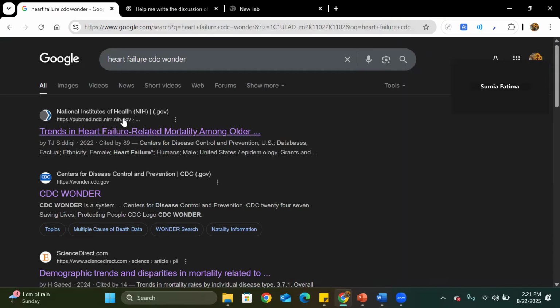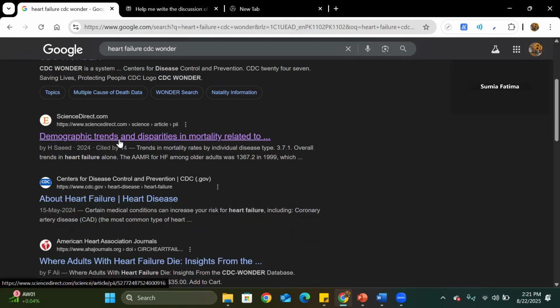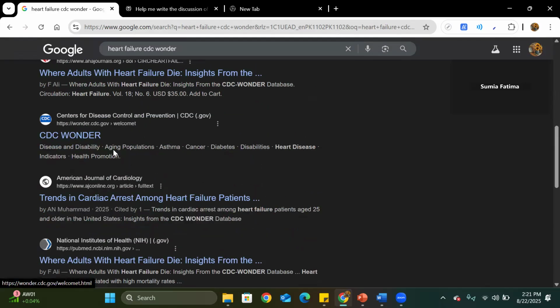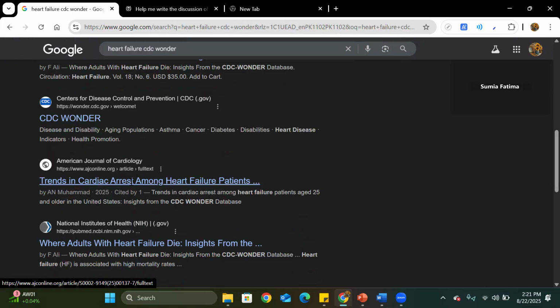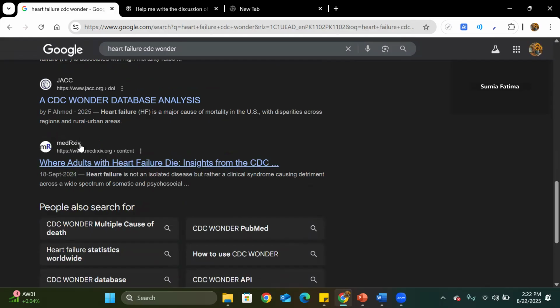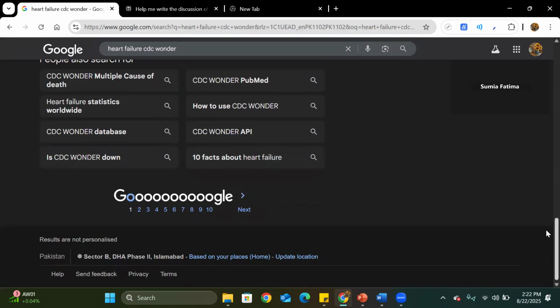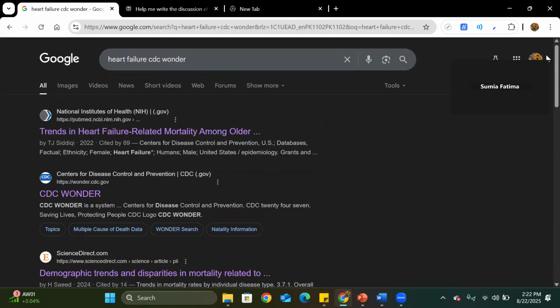One of these was published in this one, and then I can see the American Journal of Cardiology, where people with heart failure are dying, and this is also a journal with metrics. This is one way. Okay, you can just go around and see different journals that are targeting articles similar to yours.